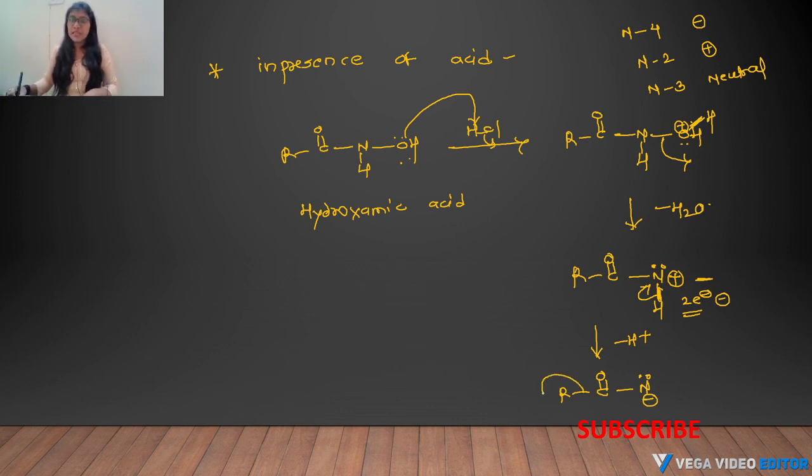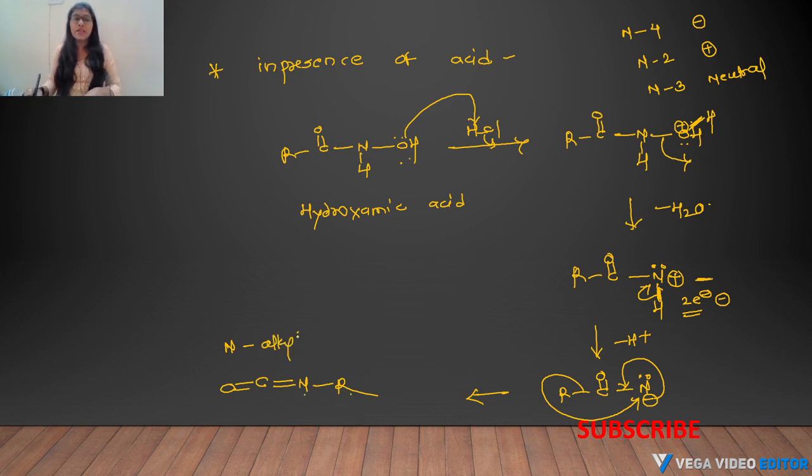Then here this alkyl group migrates towards this nitrogen, and this negative charge donates its electron to C and N, and we get here CO double bond N, and here is the alkyl group attached to the nitrogen. Therefore name of intermediate is N-alkyl isocyanate. Then hydrolysis of this alkyl isocyanate takes place in presence of acid.